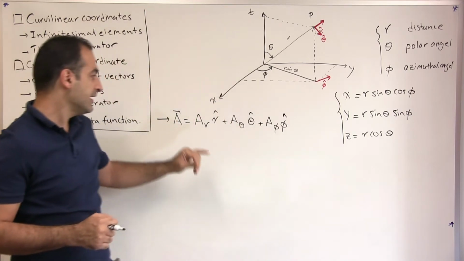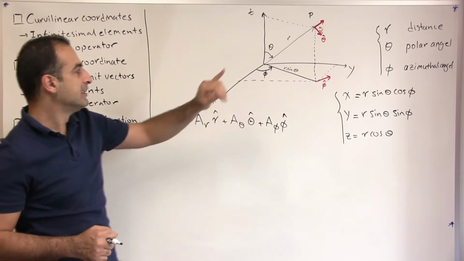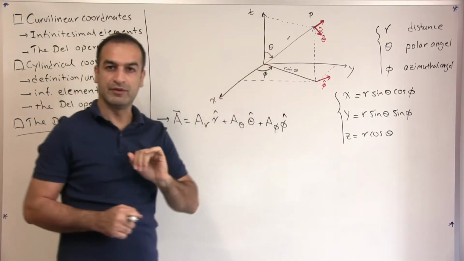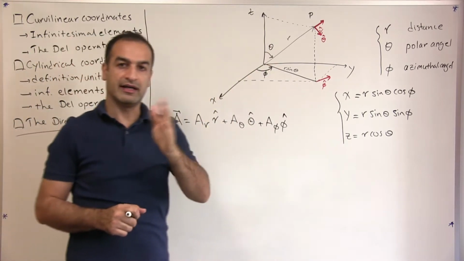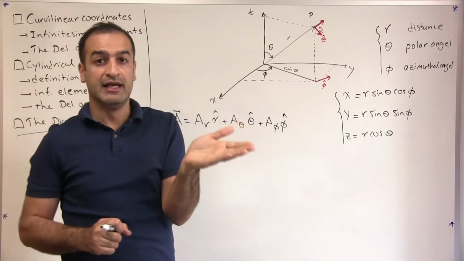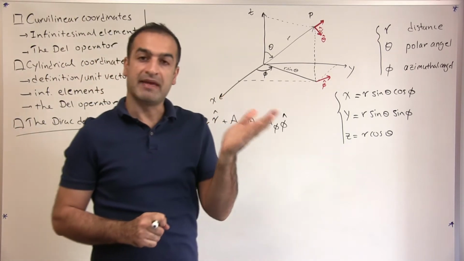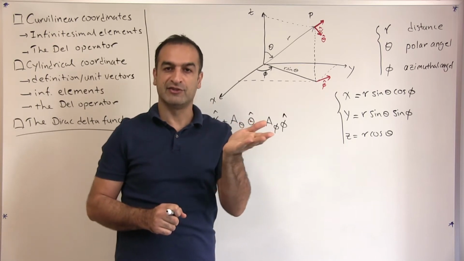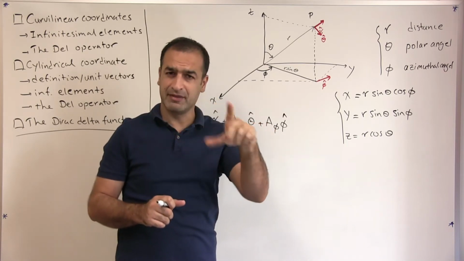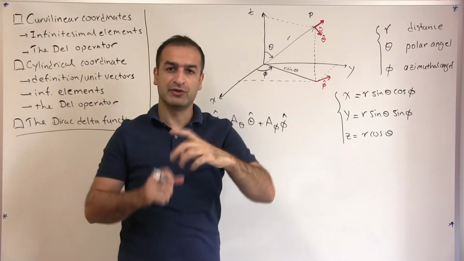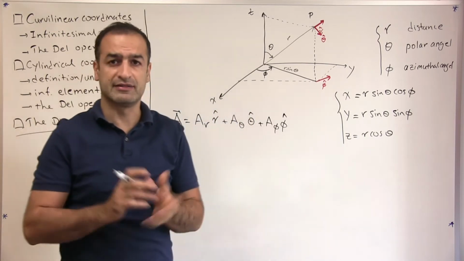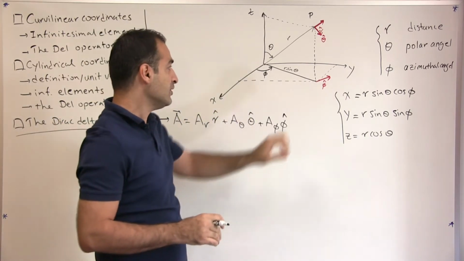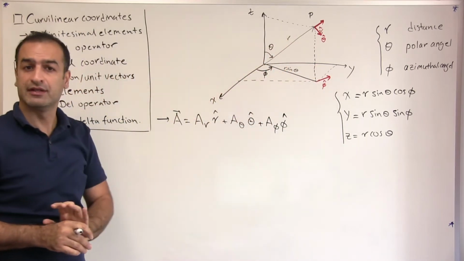The r hat itself is dependent on theta and phi. Depending on the angle, r hat can change. The magnitude does not change, it's always one, but the direction changes. And as you know, for vectors, if you keep the length the same and change the direction, you are technically changing the vector. That's not a constant vector anymore.